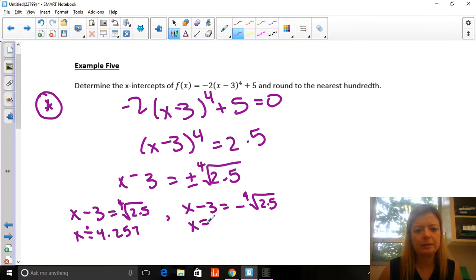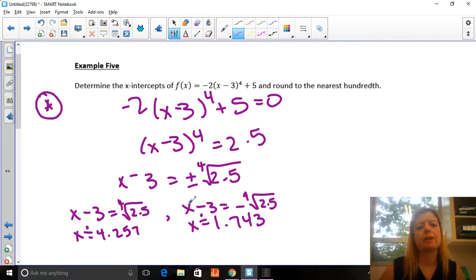And here, I go negative, 2.5 to the power of 1/4. Gotta try it again. This is not a good calculator. And then I add 3 to that, and I get approximately 1.743 when I round.